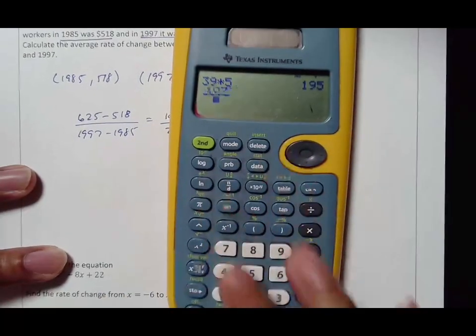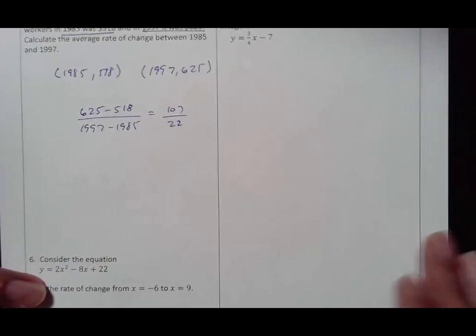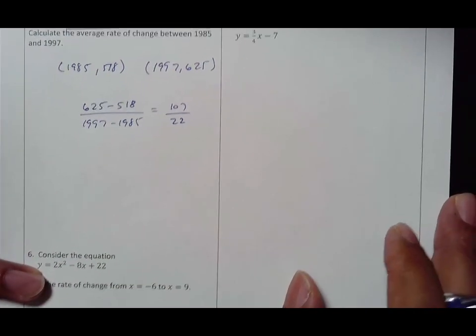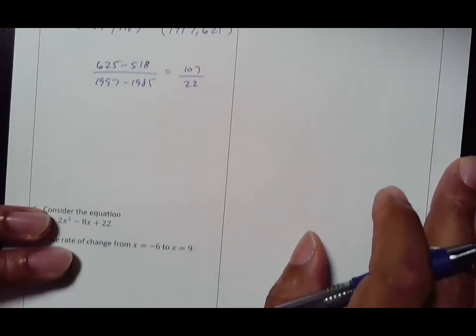And if you don't know, just put 107 over 22 in fraction form and see that it doesn't change, which means that's as far as you can go. Now, if you turn that into a decimal, I'll let that go. But as far as I'm concerned, I just need to make sure you understand how to set that problem up.